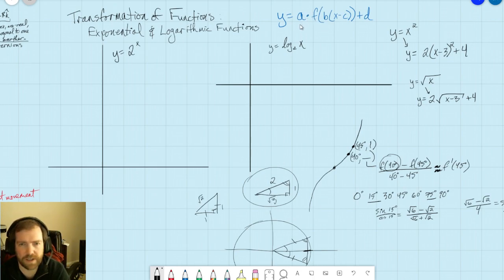We have the vertical stretch factor. We have the horizontal compression factor. We have the horizontal shift. And we have the vertical shift.